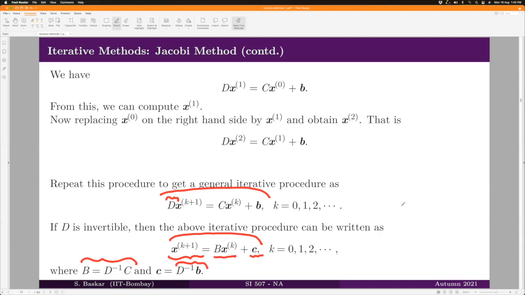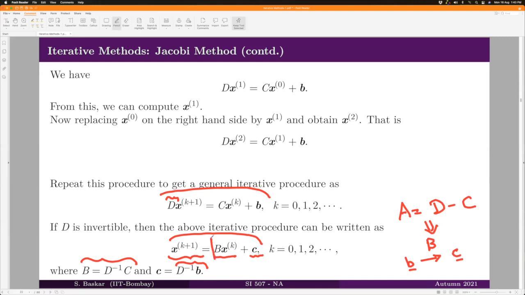So once you are given A, you know what is D and what is C. Therefore, you know what is B. Also, you know what is the right hand side vector b, and that gives you what is the vector c.